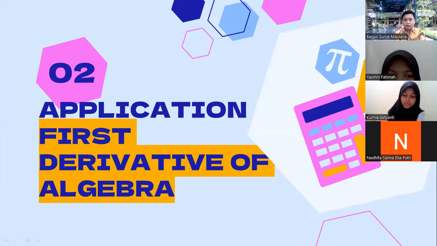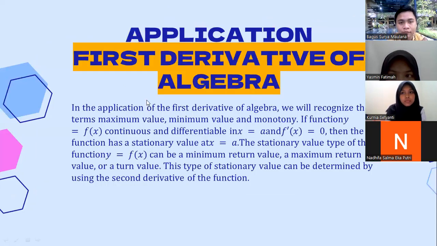Okay, the second one, the application of the first derivative of algebra. So we get the application in here. Maybe I'm gonna just skip some of it. With the application, we can find the maximum value or the minimum value and the monotonicity of the function.